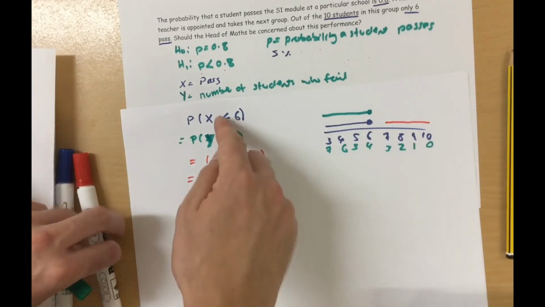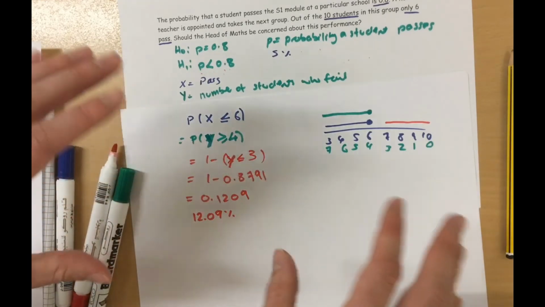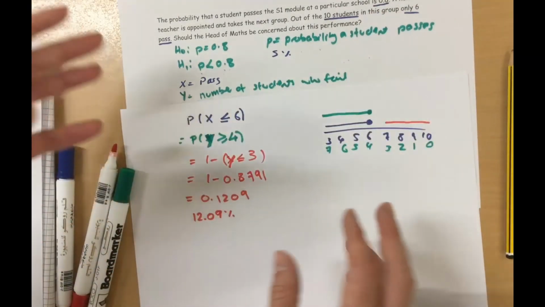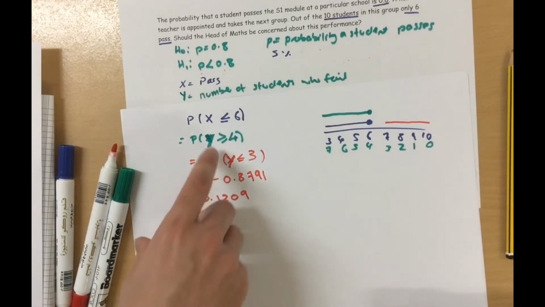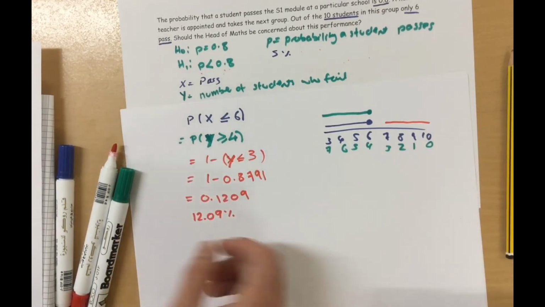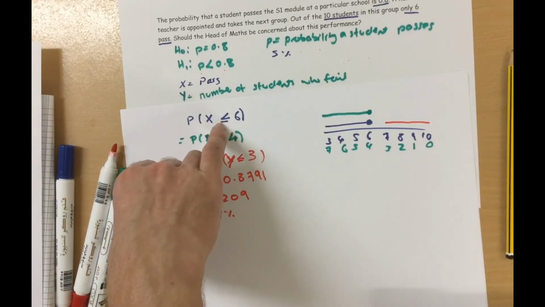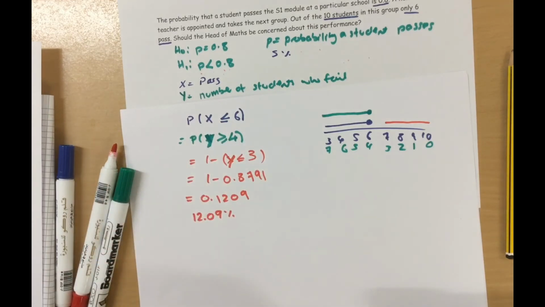Let's put that back in the original, which means under normal circumstances, assuming that this pass rate hasn't changed at all, that this teacher may be just unlucky with the tests, as other students, the chance that 6 or less would pass normally is 12.09%.